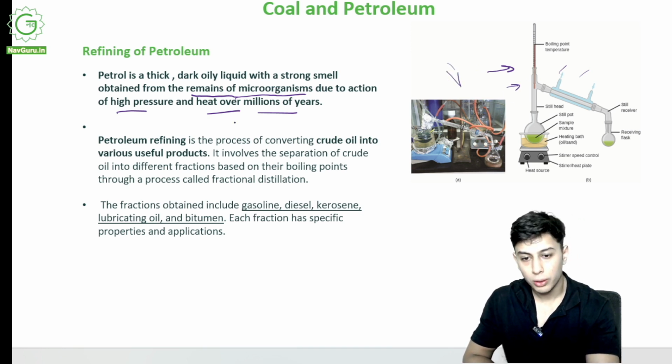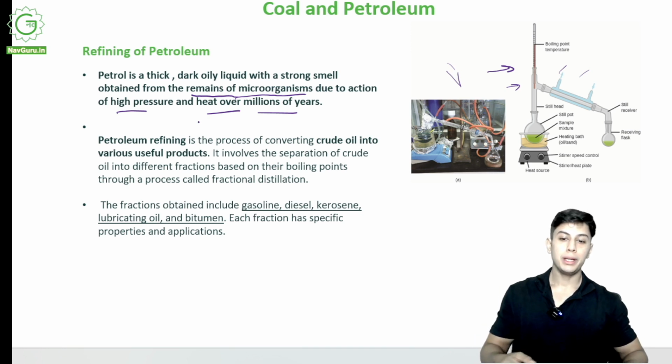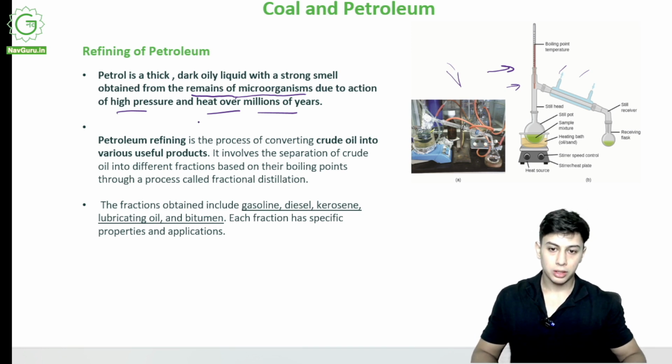Okay, petroleum refining. Now we obtain petroleum in crude form, in a raw form. That is then refined. It is sent to the factories where we separate all the impurities and all the gases and everything from that crude oil.